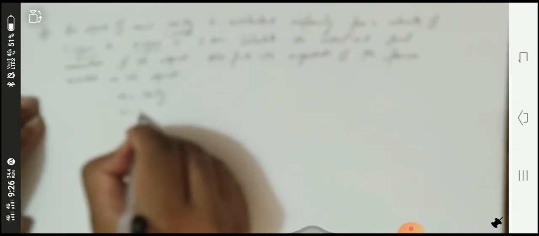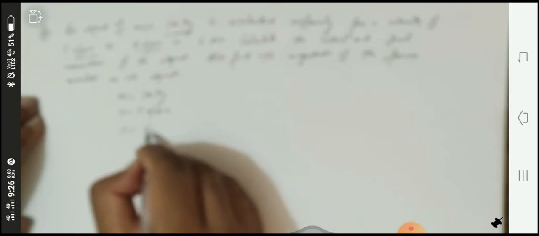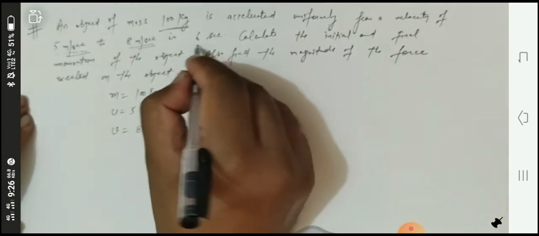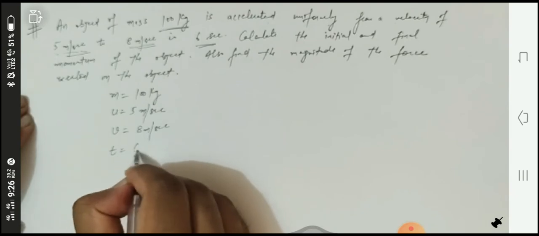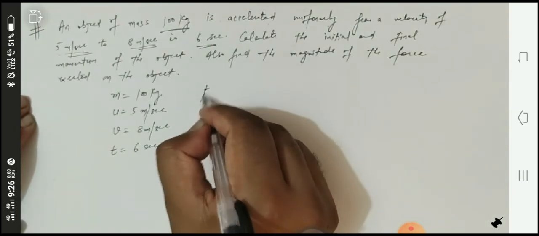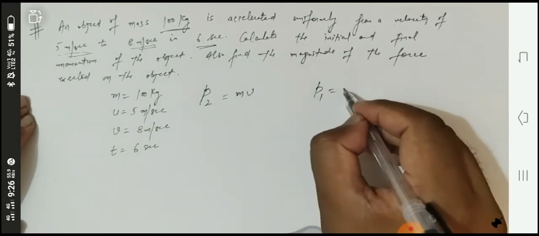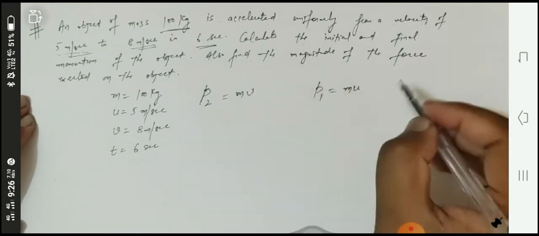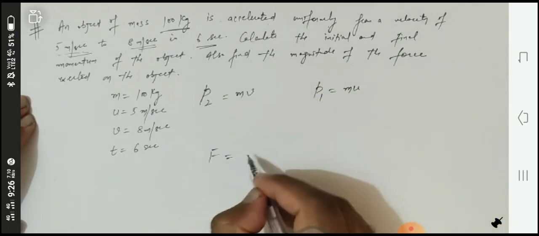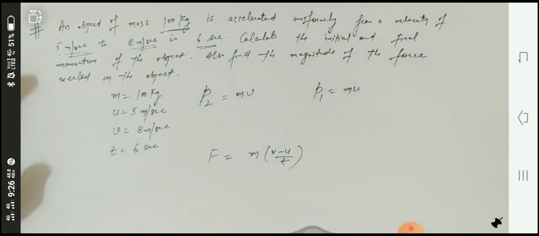Means initial velocity is 5 meter per second and final velocity is 8 meter per second in 6 seconds. Time is 6 seconds. So you need to calculate final momentum, means m into v, initial momentum, that is m into u, and magnitude of force F is equal to m(v minus u) upon t. Just put the values and calculate the values of momentum and force. Solve it.